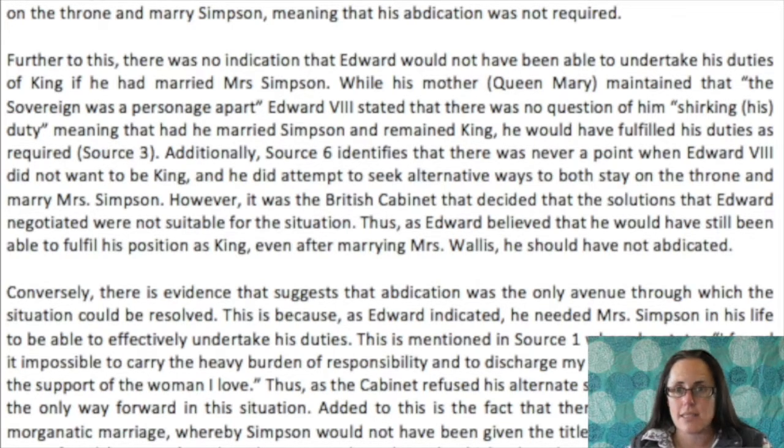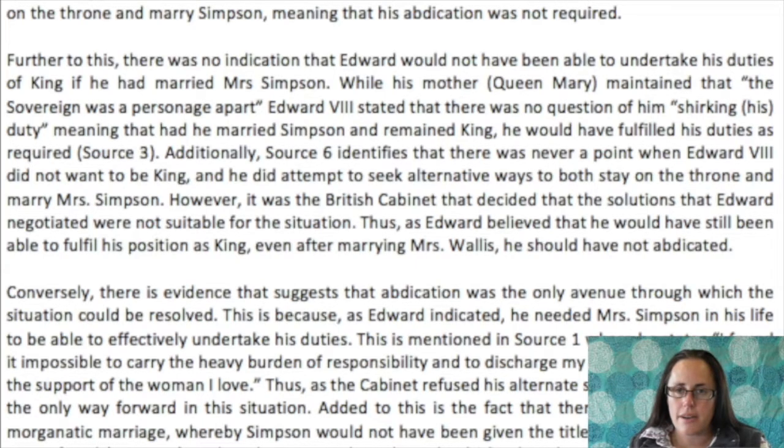So that is evidence to suggest that he shouldn't have abdicated. I've also said that in source 6, he tried to find ways to remain king and also marry Wallis Simpson, which demonstrates that he was willing to negotiate. He was willing to try to find alternatives to make sure that in the end he was doing the very best job that he could possibly do. But there was actually Cabinet who refused to let him do that.